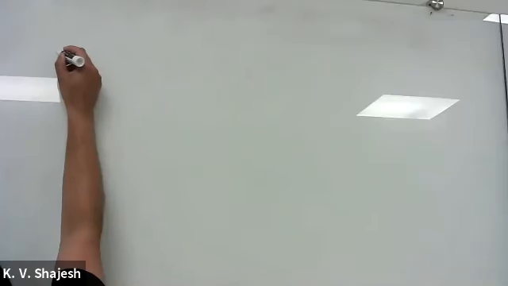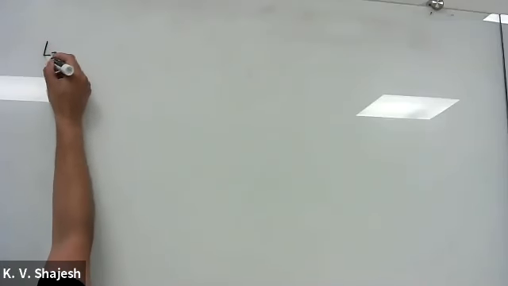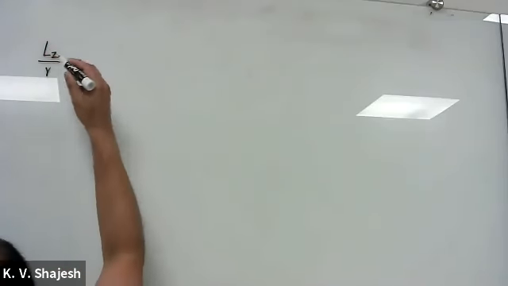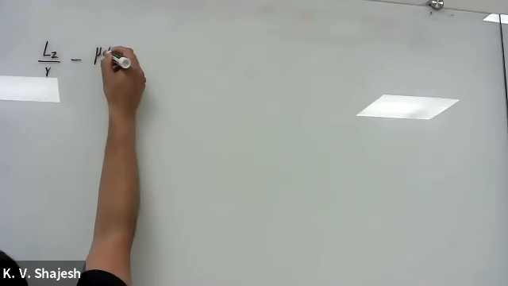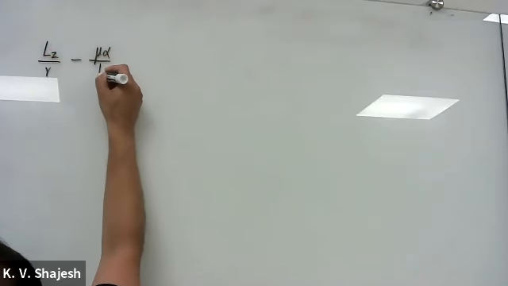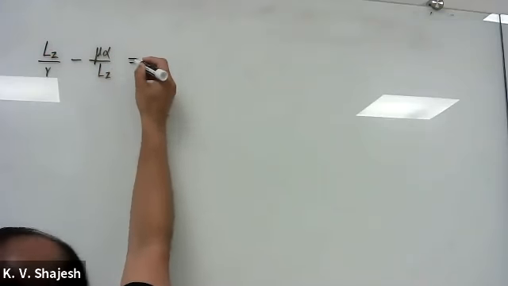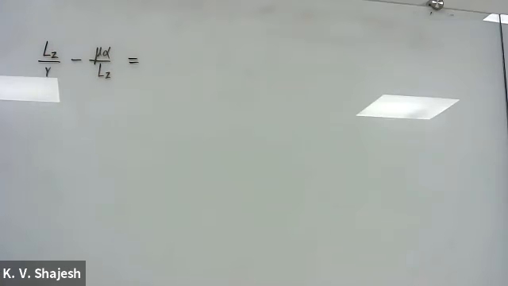So S is equal to C times cosine, so that it's easier to write. We have LZ over R minus mu alpha over LZ is equal to C times cosine of phi minus phi naught.